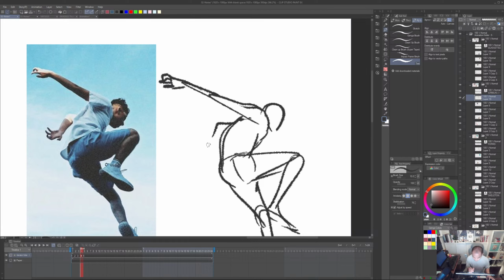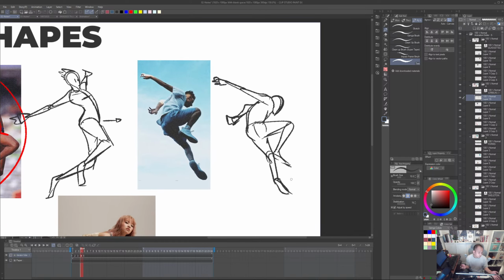I'm not even trying to do the shapes of each of the hands, but I could. You see, that's very fast. It doesn't take me too long to do that.